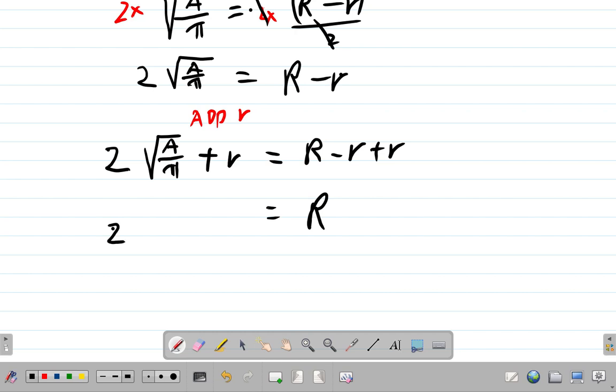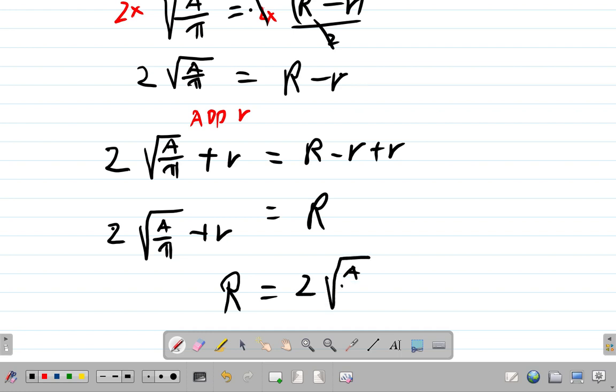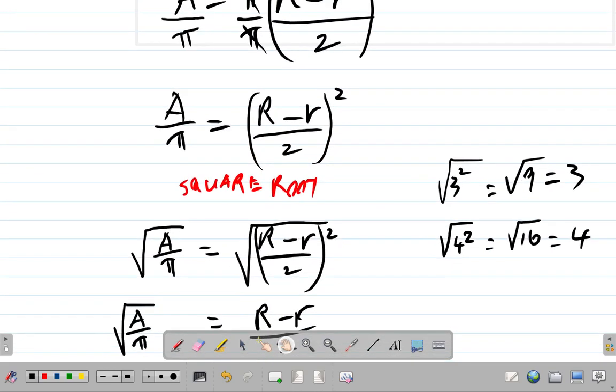Over here you have 2 square root of A divided by pi plus small r. You can rewrite it as big R equals 2 square root of A divided by pi plus small r. So there you have it. Right?